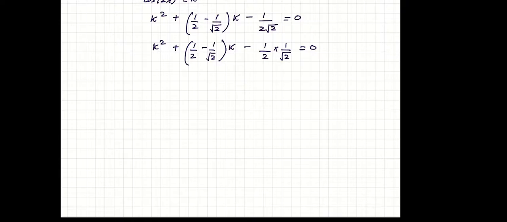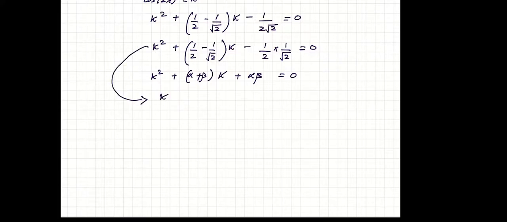So this is nothing but again k squared plus alpha minus beta k, alpha plus beta plus alpha beta, that structure. So you can write this as k plus half, k minus 1 divided by root 2. Done.